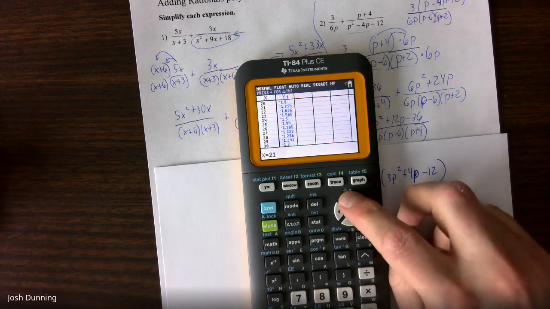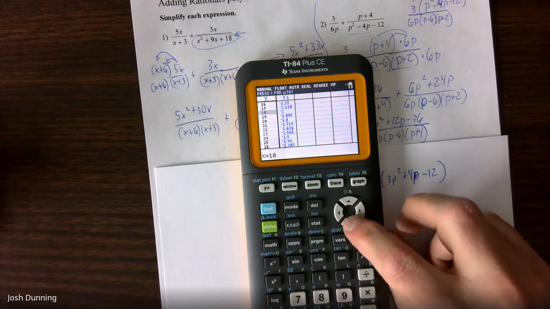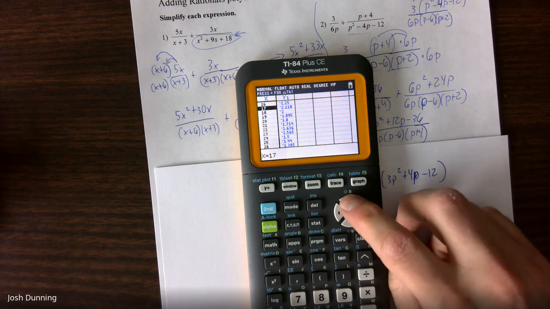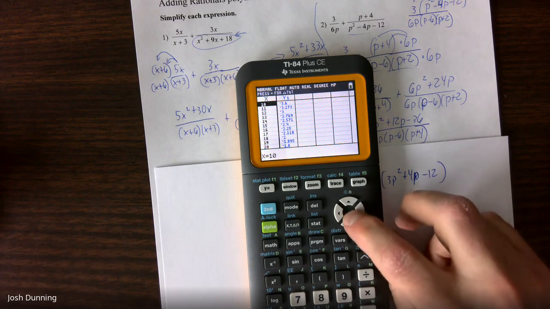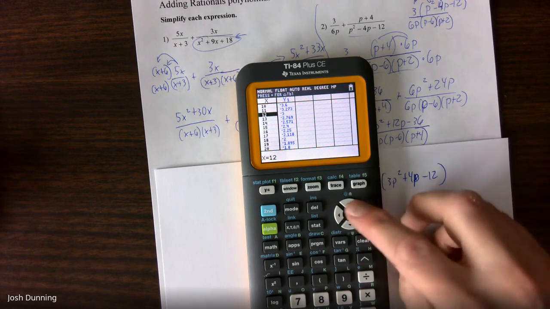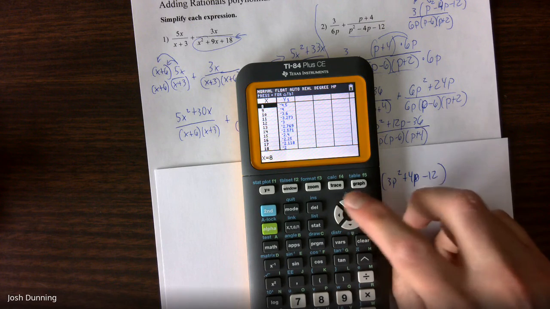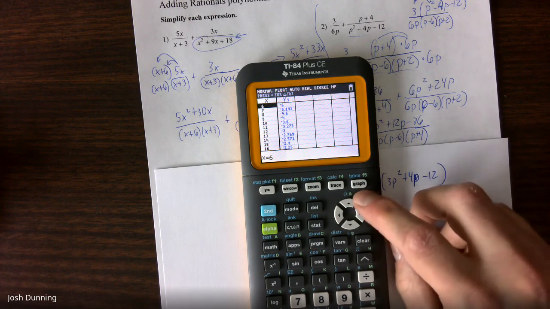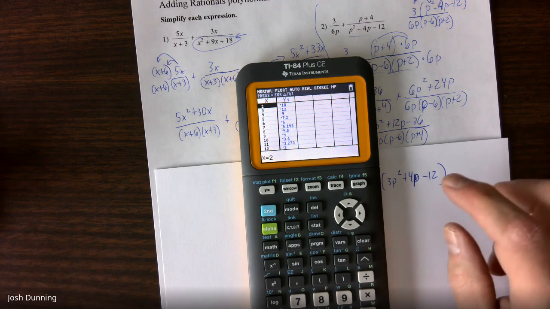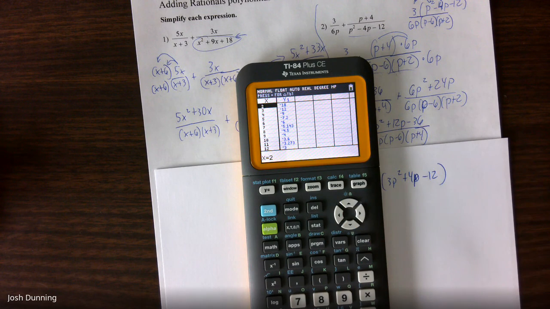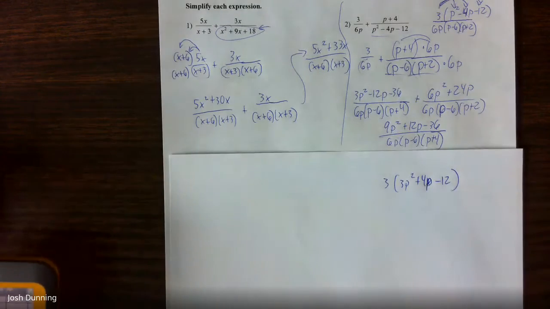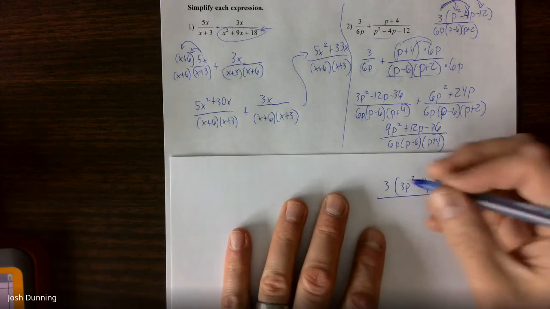Let's see. Oh, 18 minus 2 isn't 4. 12 minus 3 isn't 4. 9 minus 4 isn't. 6 minus 6. And we're good. This cannot be factored anymore.